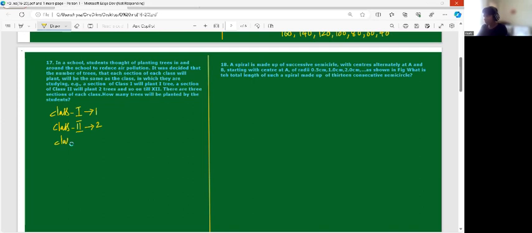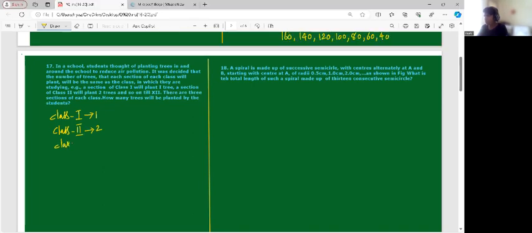Similarly, how many classes are there? 12 classes are there, and there are 3 sections in each class.